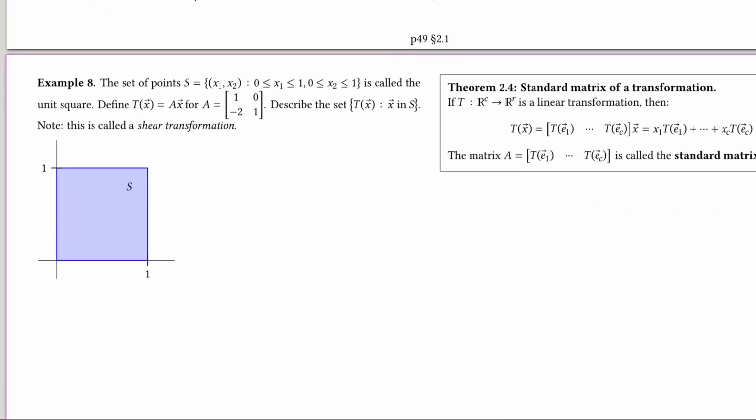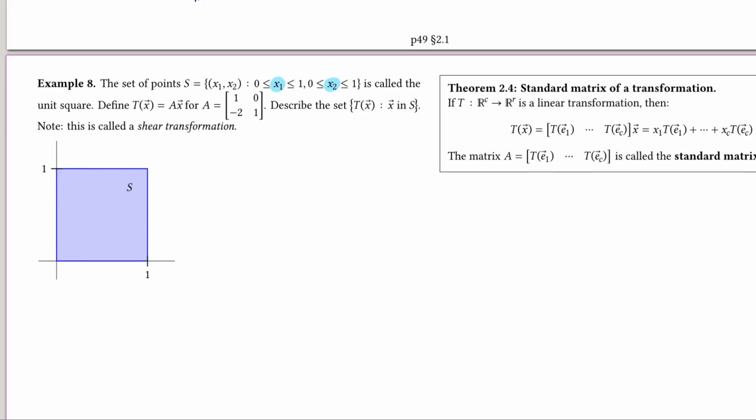So this says we have the set of points S here. It's a set of x1, x2 points where x1 is in between 0 and 1, and likewise x2 is also in between 0 and 1. And we can call that the unit square.